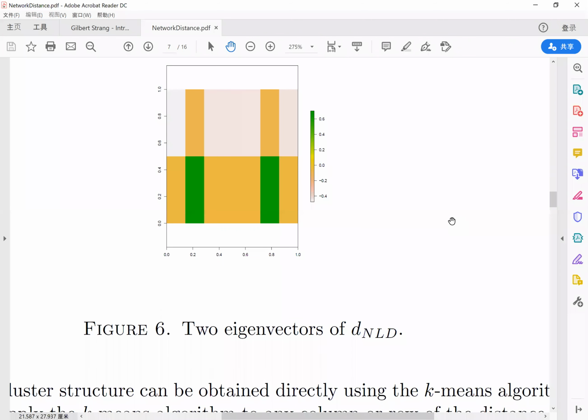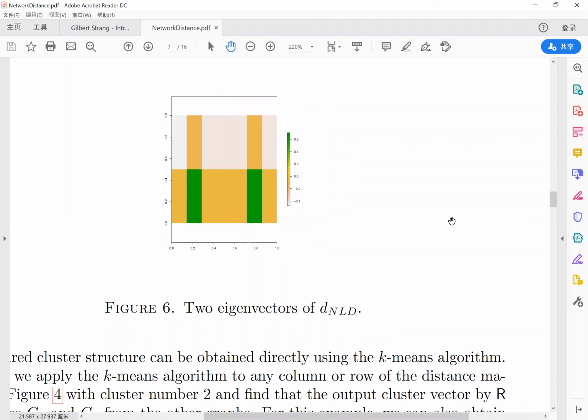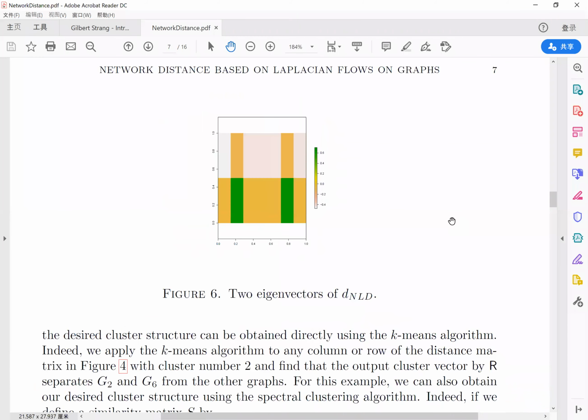Figure 6 is the eigenvectors of our matrix. It turns out these two eigenvectors look very different, so we can use them to classify objects.